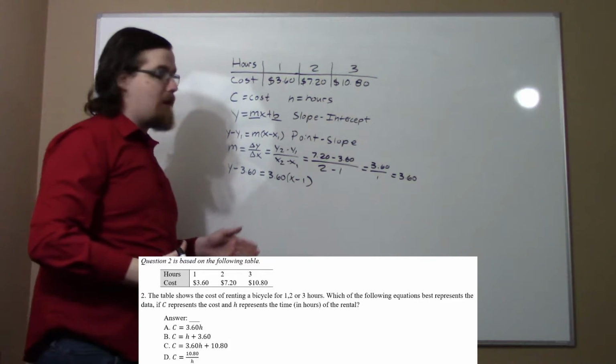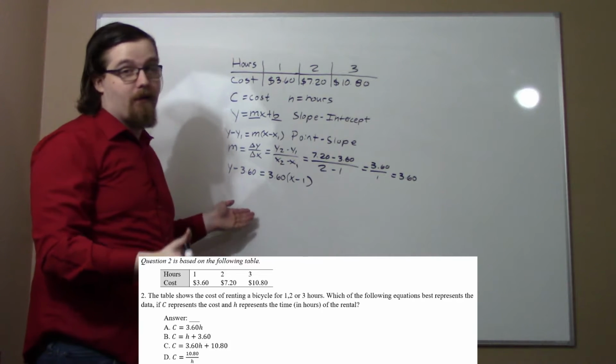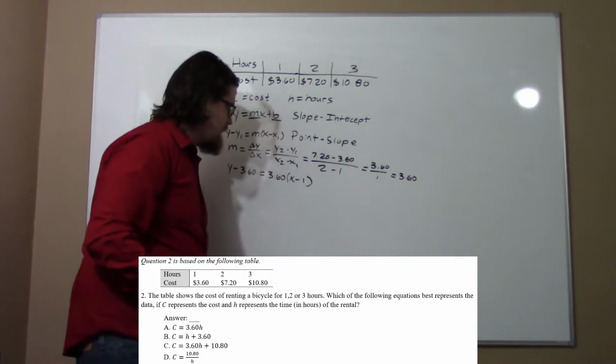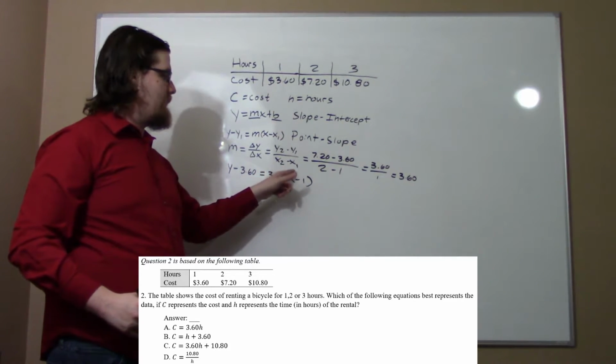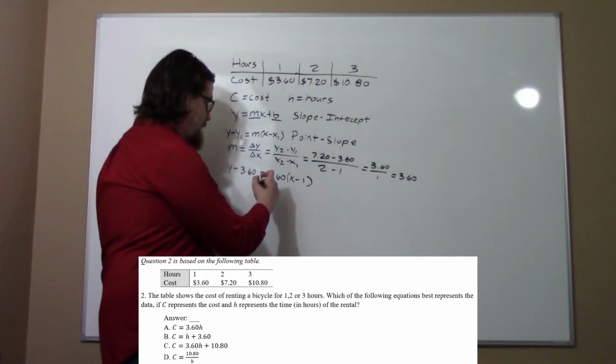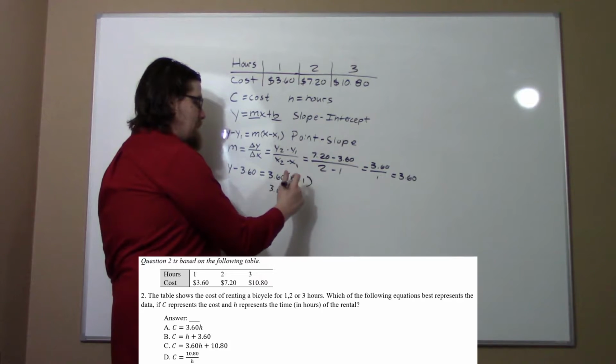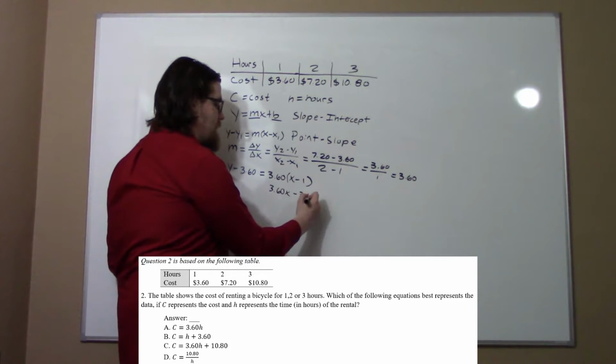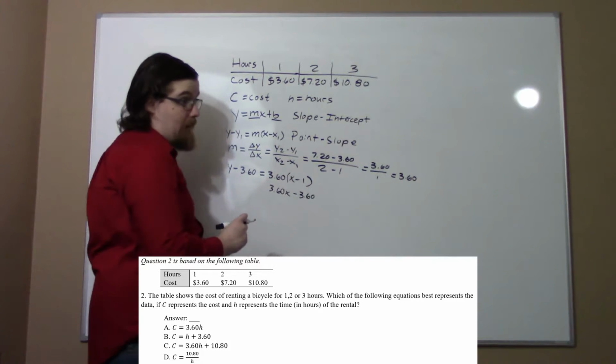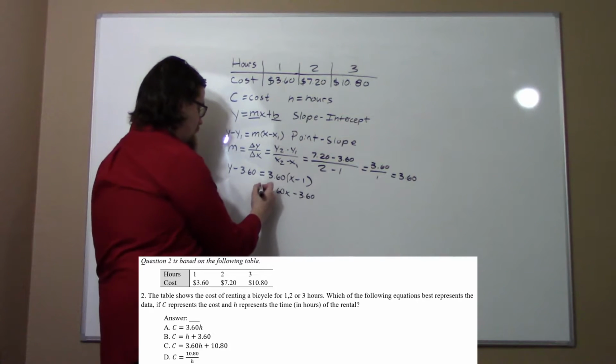We plug everything in, and now we just need to simplify and solve this equation. Alright, so now I want to carry the 3.60 through to both values, so we get 3.60x and negative 3.60, because remember, you don't want to forget that negative sign. And then on the left side, we just carry this down.